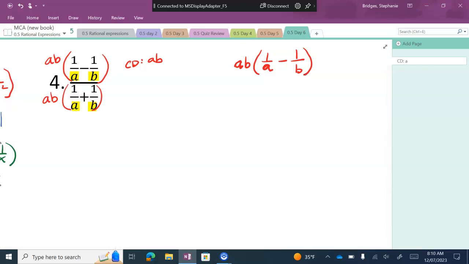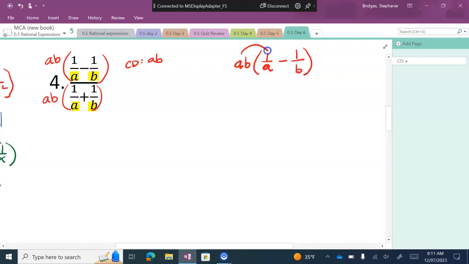Do AB times 1 over A minus 1 over B. What's the result if I do it by AB?